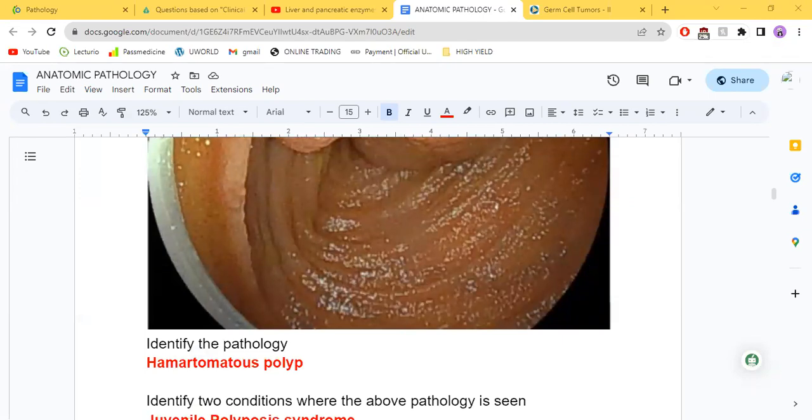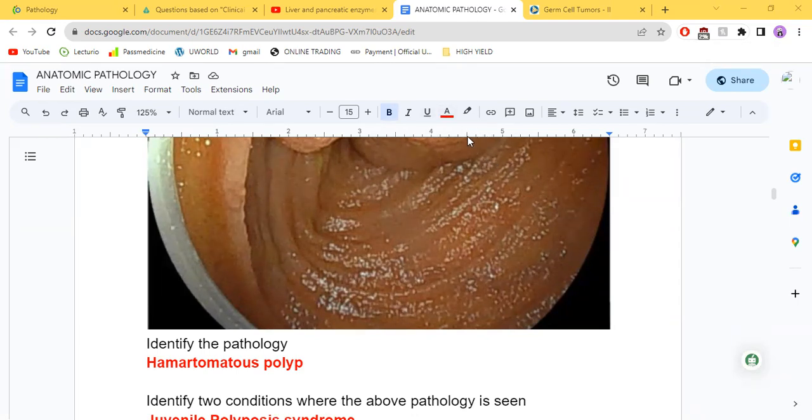Exactly. So we have Peutz-Jeghers syndrome. Correct. Yes, and juvenile polyposis syndrome. That's great, guys. Maybe for a description, what is juvenile polyposis syndrome?